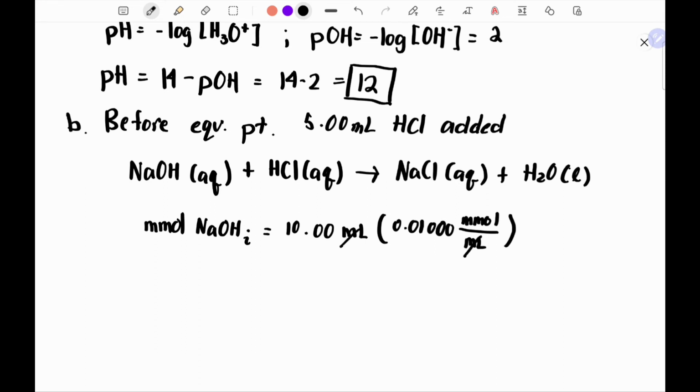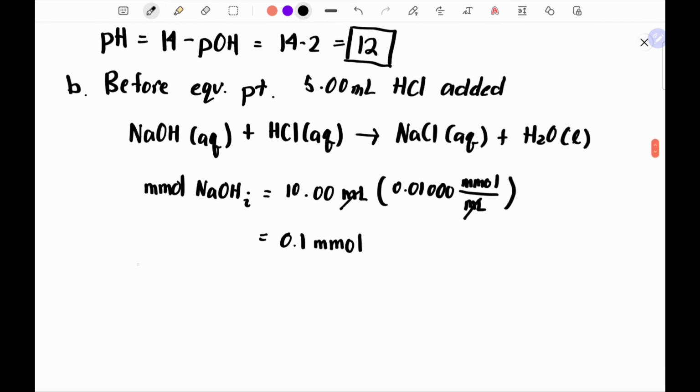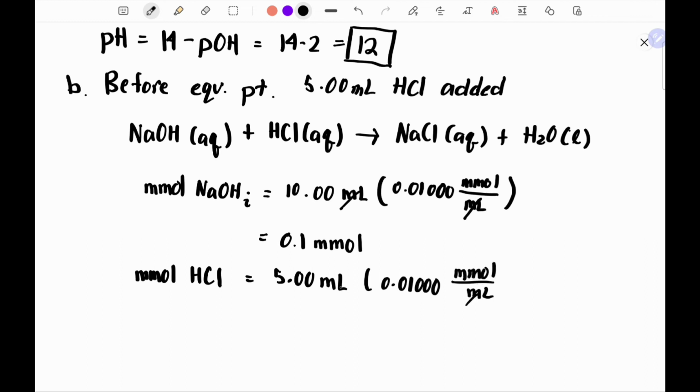The initial moles of sodium hydroxide is 0.1 millimole. At this point, we have also added hydrochloric acid. That's 5 ml of 0.01 millimole per ml, which should give us 0.05 millimole.